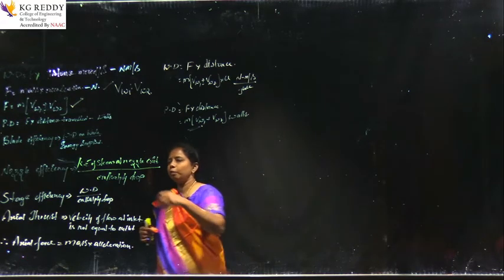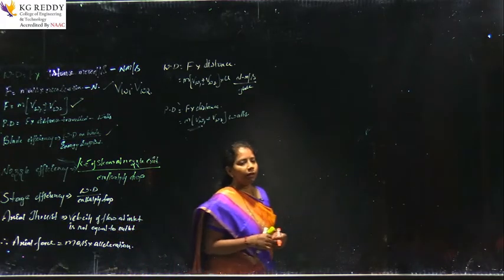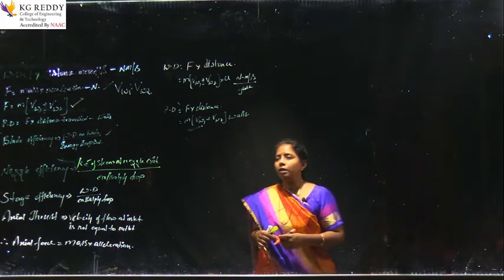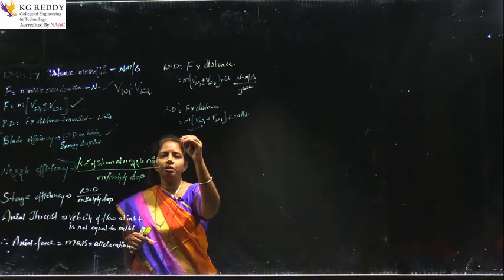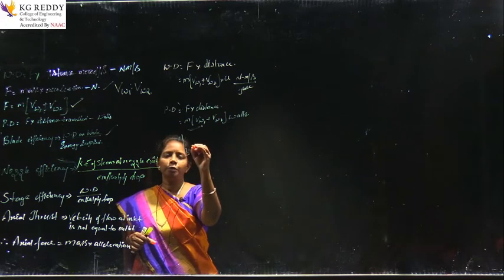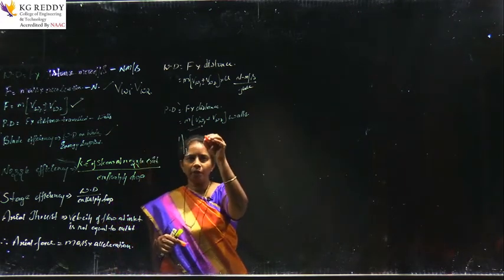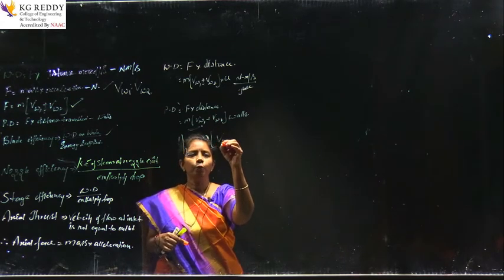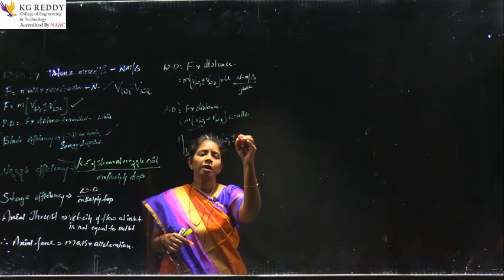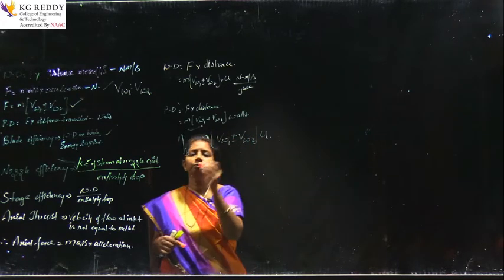The blade efficiency is nothing but the work done on the blade to the energy supplied. What is the relation that we have just derived for the work done? Blade efficiency, eta suffix b, equals work done on the blade. Just now we derived the relation: m multiplied by (Vw1 plus or minus Vw2) multiplied by u.